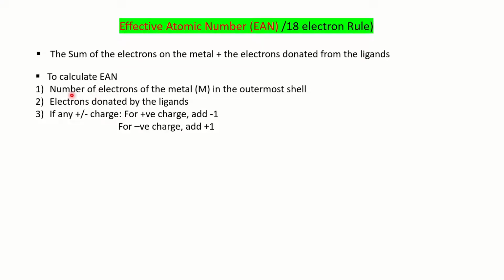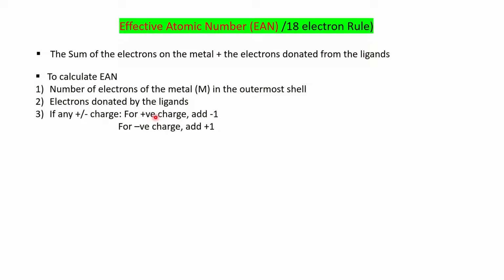First step is we should know how many electrons are there on the metal in the outermost shell. Second is the electrons which are donated by the ligand to the metal, and is there any charge on the complex, either positive or negative charge. If you have positive charge, you have to add -1. If you have negative charge on the complex, that means you have to add +1.